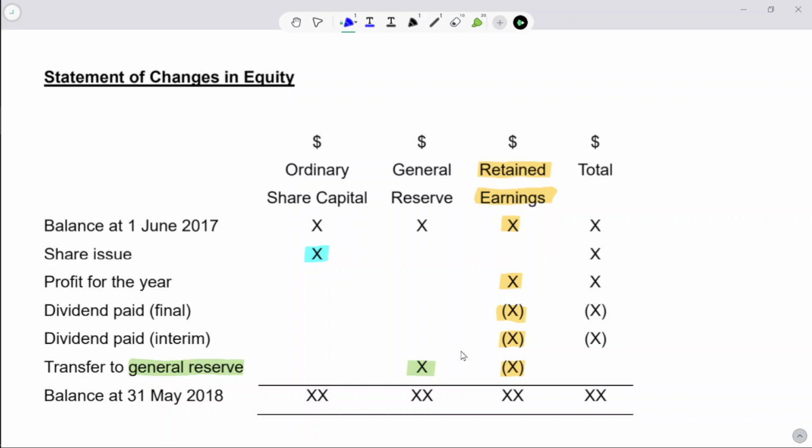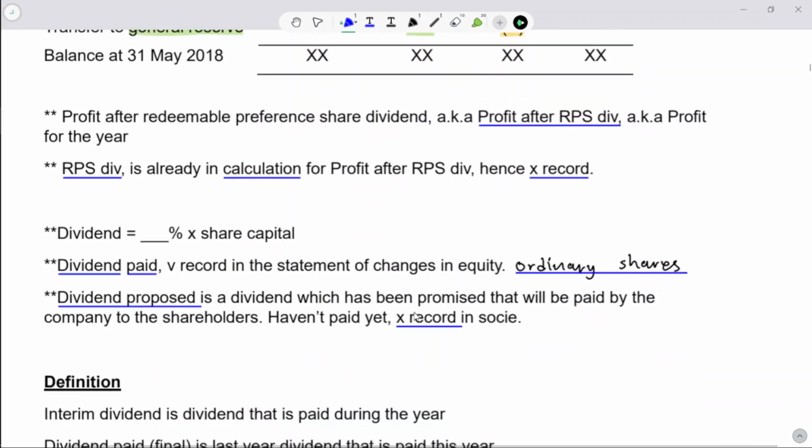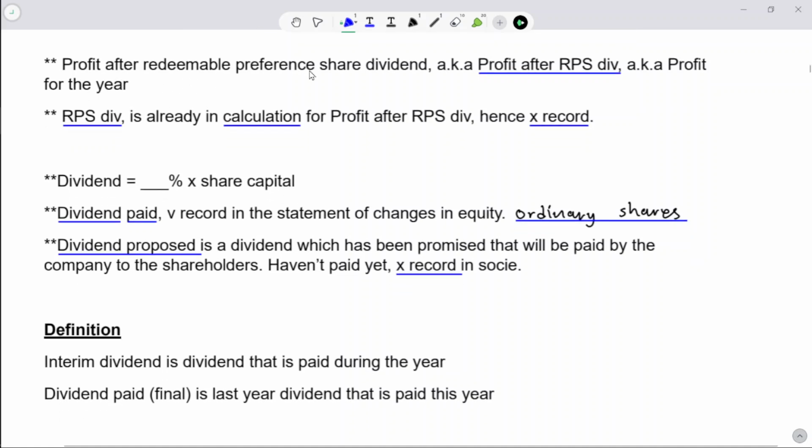Okay, continue. The things you need to know are the ones I underlined. For the profit for the year, you need to find the profit after RPS dividend. The RPS dividend is for calculation, so we don't record it.